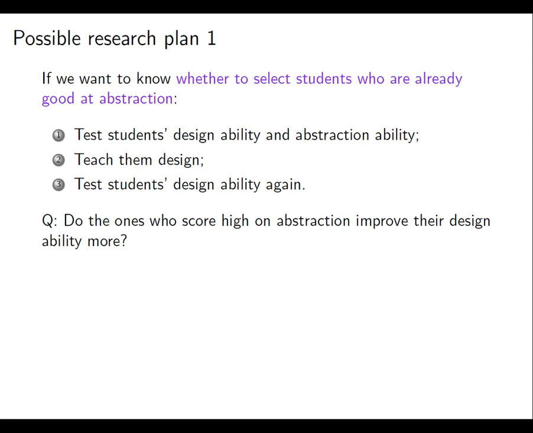And what we'd be looking for in this case is some kind of dose-dependent effect whereby the better the students are at abstraction, the more thoroughly they absorb the design teaching. So we'd expect to see that the students who improve their design ability most are the same students who start off with the greatest abstraction ability.